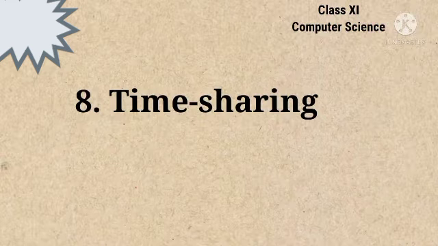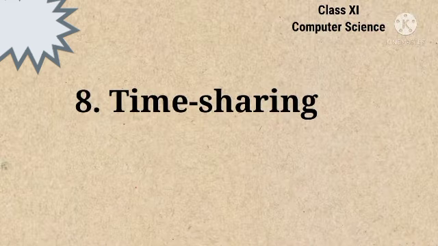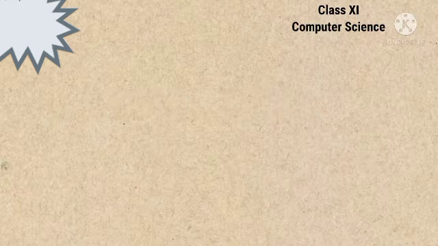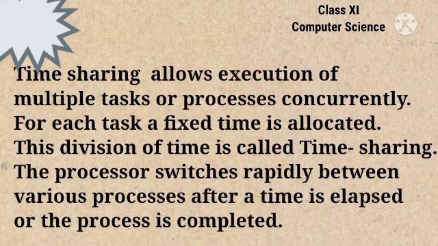Next, we are going to learn about the time sharing key feature of an operating system. Time sharing allows execution of multiple tasks or processes concurrently, that means simultaneously. Each task is allocated a fixed time. This division of time is called time sharing.